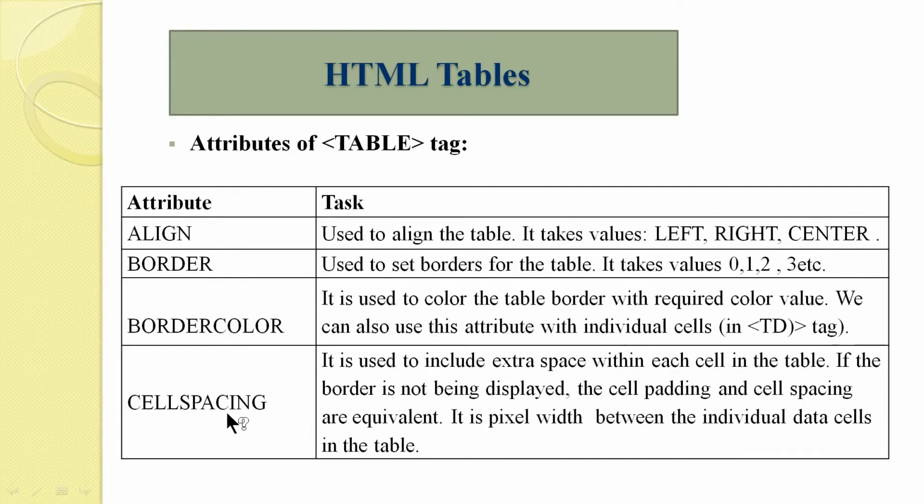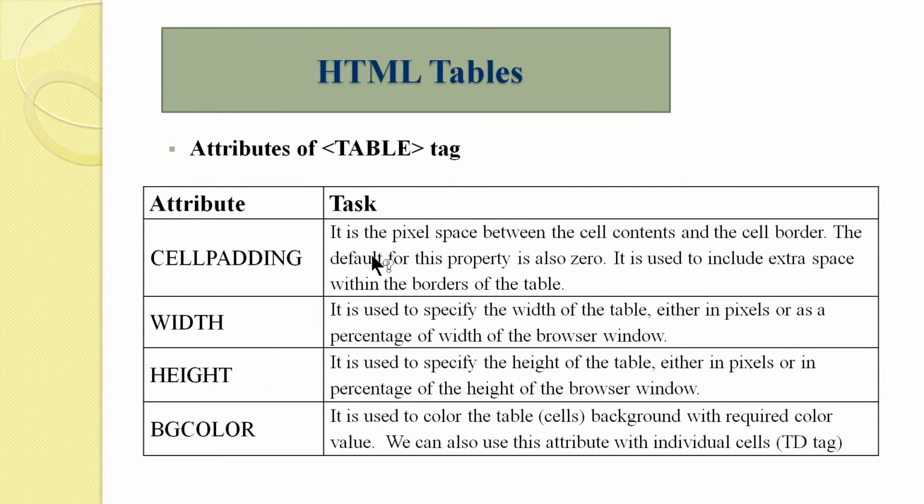Next one is cell spacing. This is used to provide the space between the cells. This can be set in terms of pixel format. If border is not displayed, in that case both cell padding and cell spacing will be equal. The next attribute is cell padding.